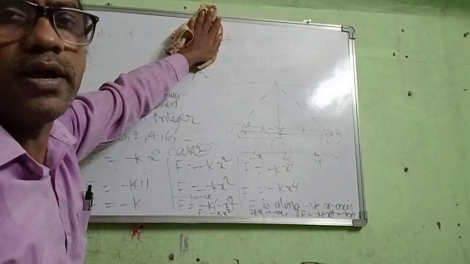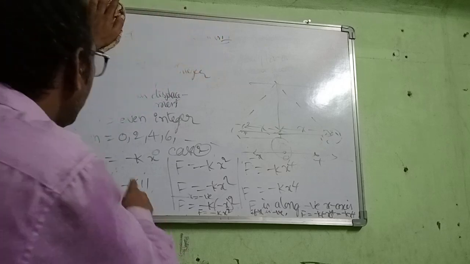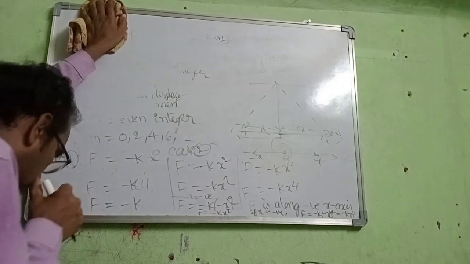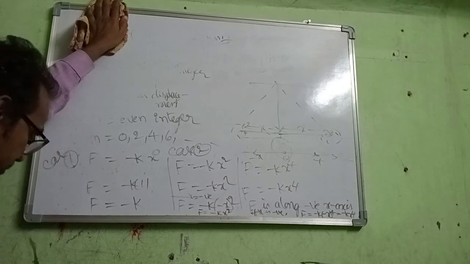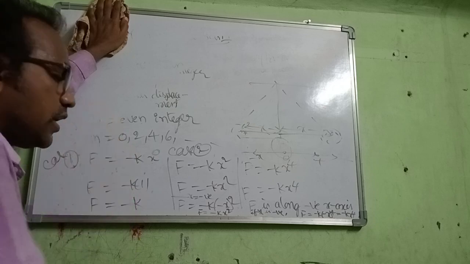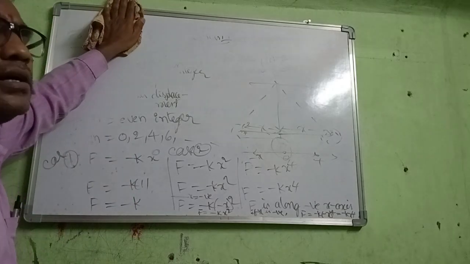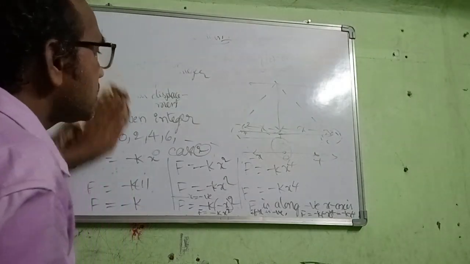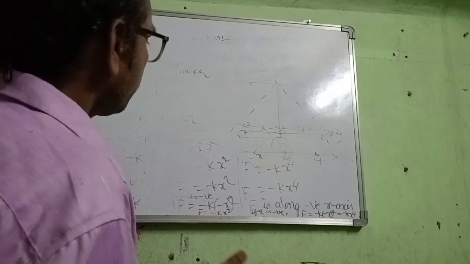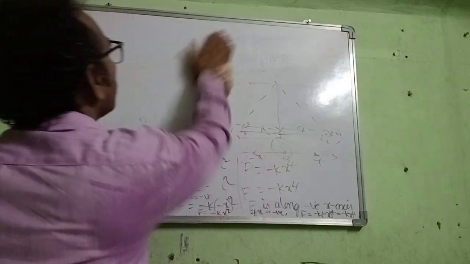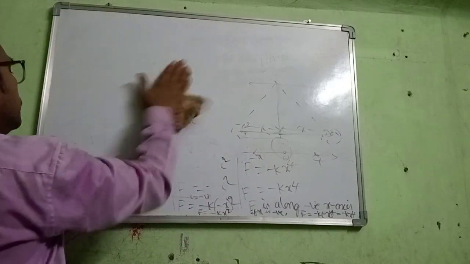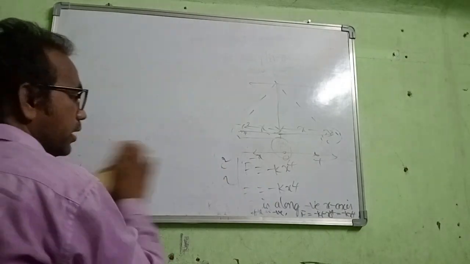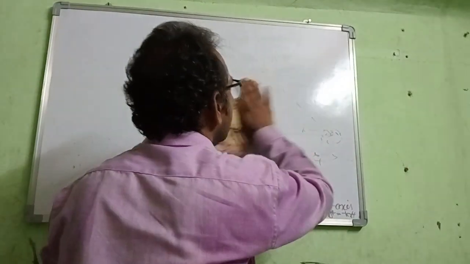So f is always negative for any even integer n, f is always negative, meaning along the negative x-axis. That means the body is not in oscillatory motion.